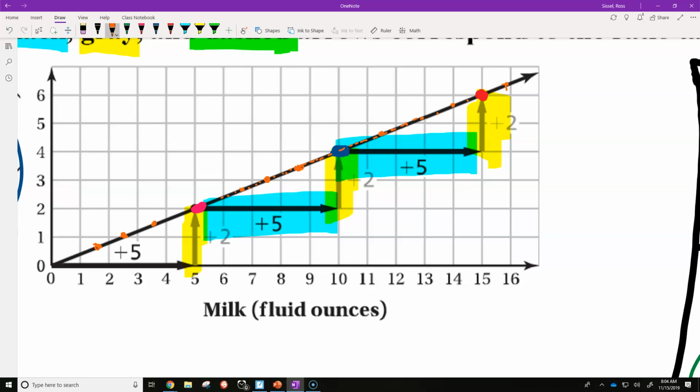What does the line represent? The line represents equivalent fractions. If you stop anywhere on the line and you identify what the coordinate points are, even if they're a decimal.